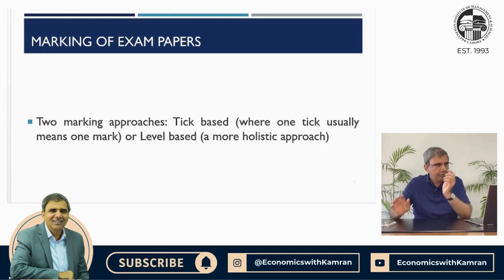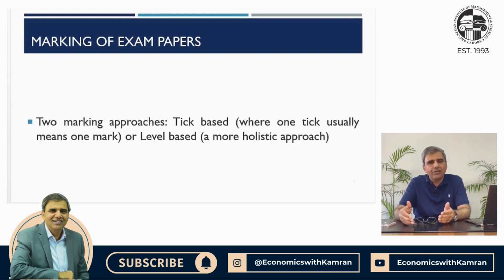So there are two marking approaches. One is tick based and one is level based. Tick based marking is quite simple, where the number of ticks usually matches the number of marks. So if, for example, I am marking your exam paper and I identify something which is credit worthy, I'll put a tick, and I will put a tick again when I come across something credit worthy again in your script.